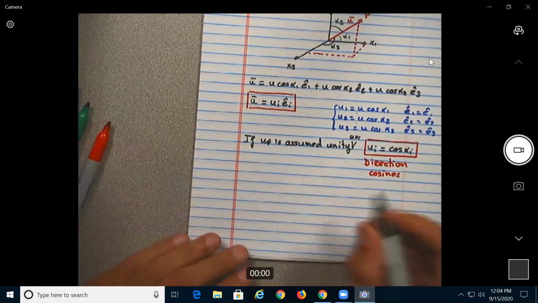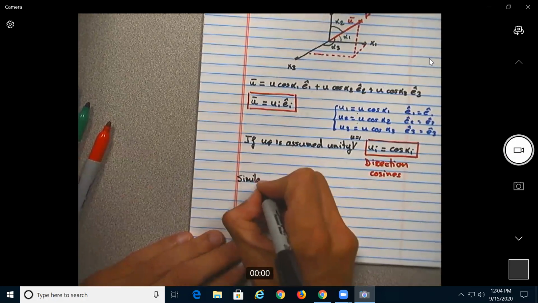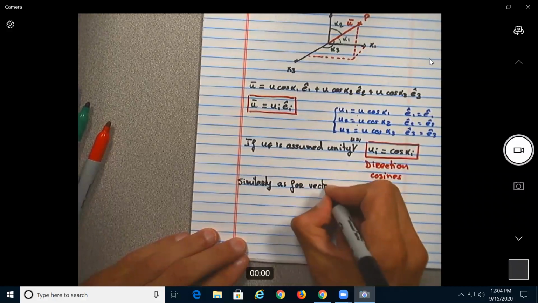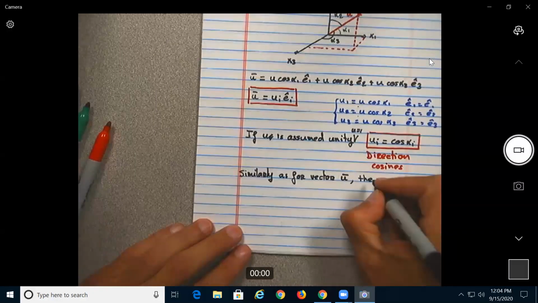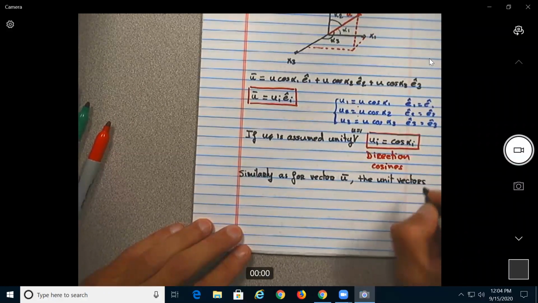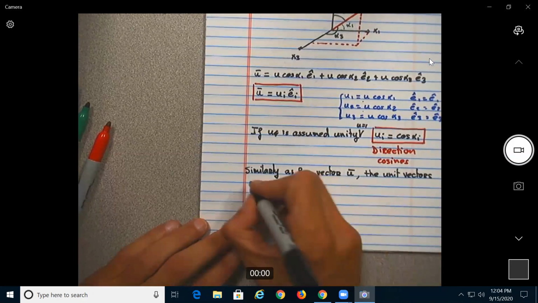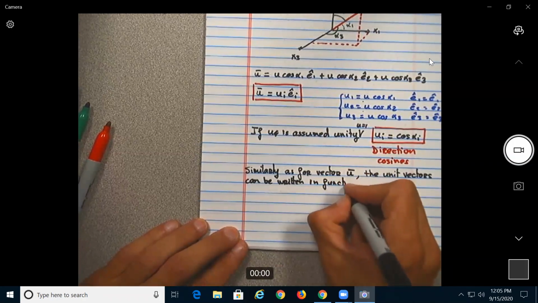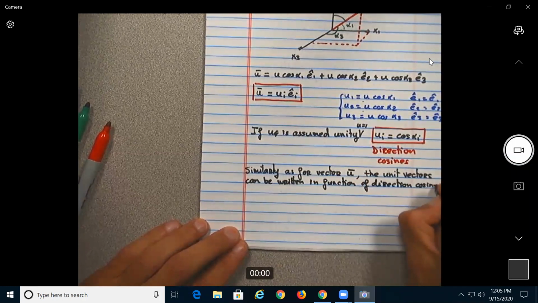Similarly, as we just derived for the vector u, the unit vectors can be written as a function of direction cosines.